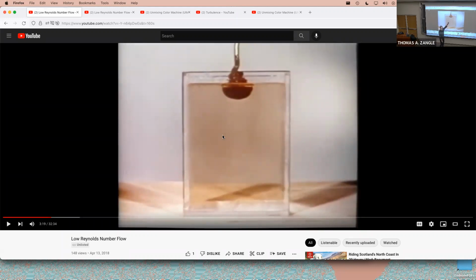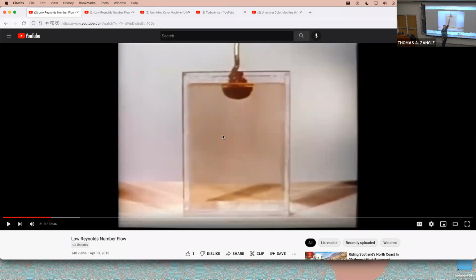So again, it's simple stuff. This is honey being dropped into honey, with the honey being dropped in dyed so we can visualize what happens. The narrator just said that we're going to compute the Reynolds number of this jet: the diameter of the jet, times the velocity, times density, over viscosity. We're going to see Reynolds number computed for a couple of situations here.